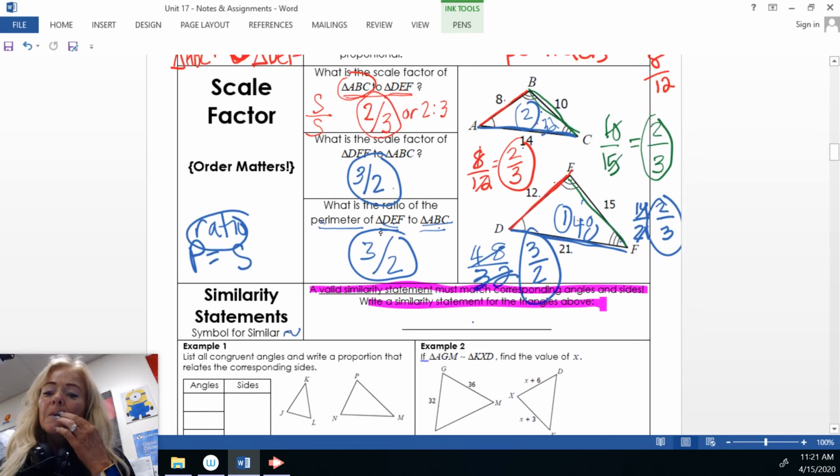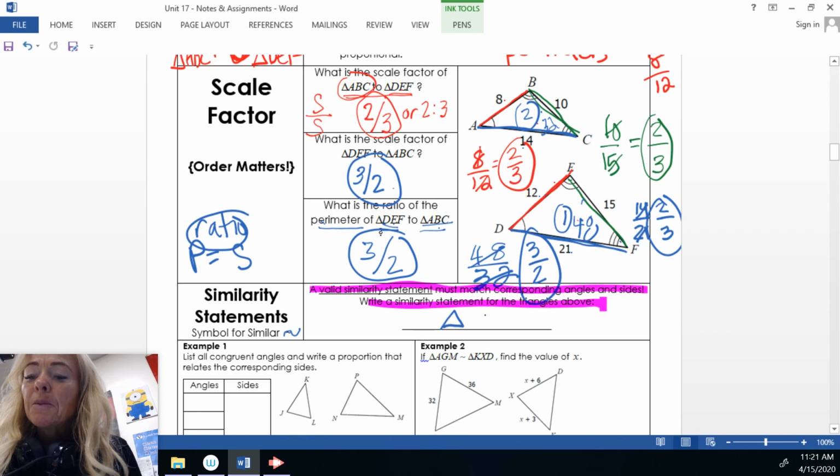All right, so we could say triangle, and we can start with 3C. We're going to start with the little triangle C, and then 2 is B, and 1 arc is A. And that's what we set our order for, and then we have to maintain that order when we list the second triangle.